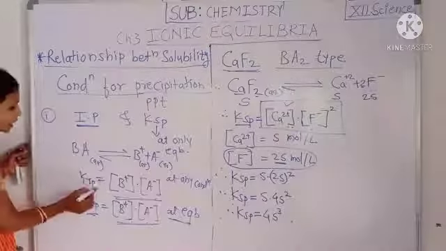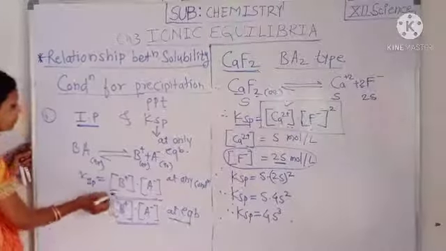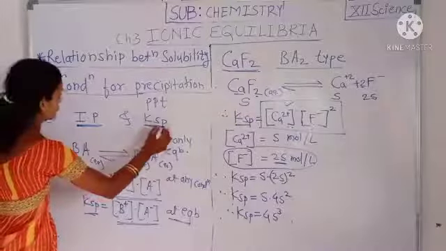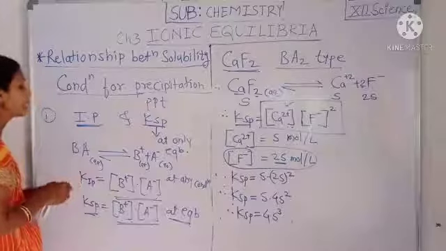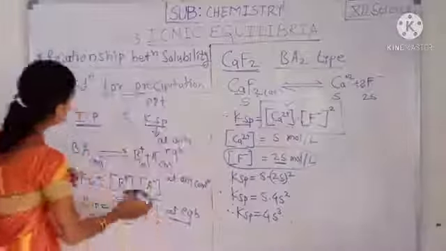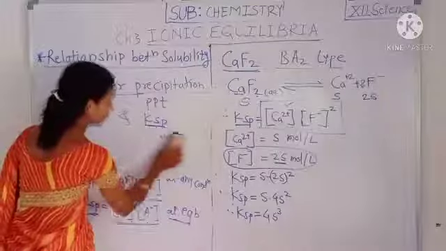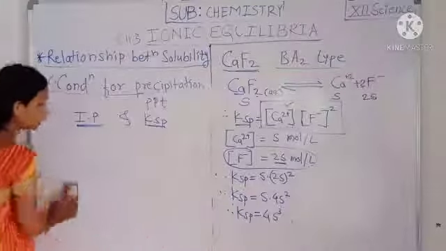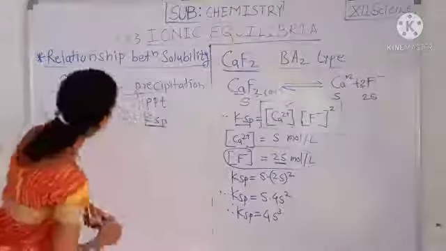That means there is a relationship between ionic product and Ksp, and then we can determine the PPT formation or the type of solution of that sparingly soluble salt.